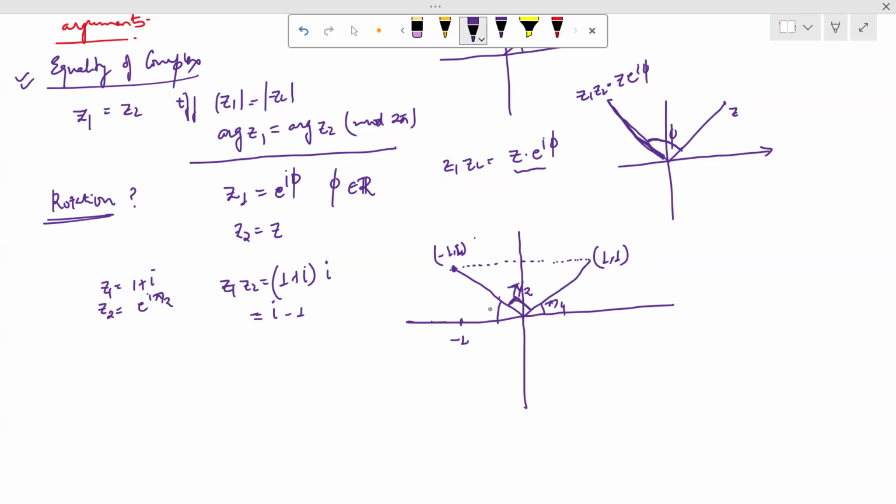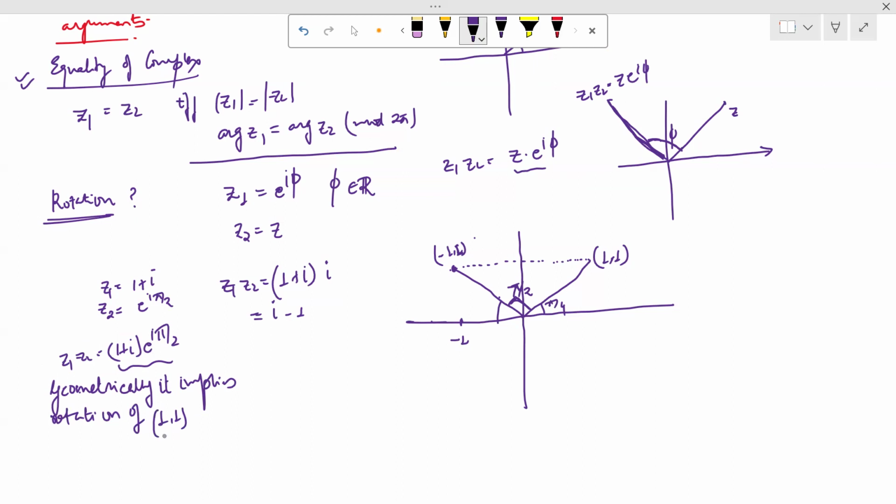So if I'm multiplying this complex number z1, that is 1 plus iota, by e to the power iota pi by 2, it implies geometrically the rotation of this particular complex number 1 comma 1 by pi by 2 radians.